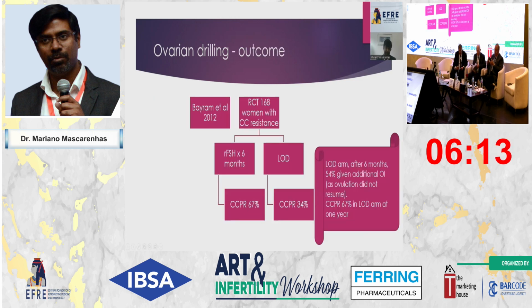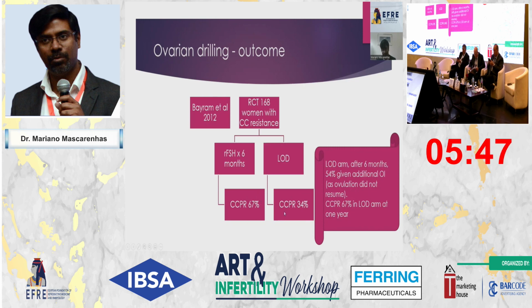Now, if we compare ovarian drilling versus recombinant FSH in clomiphene-resistant patients, we find that with ovarian drilling alone, with no other adjuvants and no ovulation induction afterwards, the cumulative clinical pregnancy rate in 6 months is 34%. Obviously, if you use FSH injections, the cumulative clinical pregnancy rate is higher.